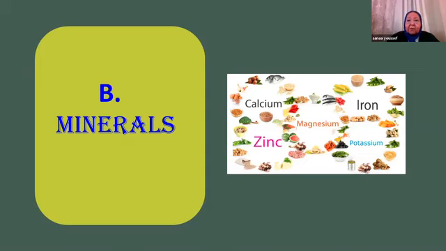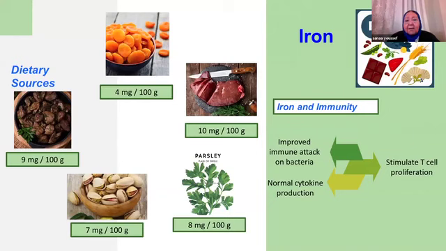Coming to the minerals, we all know about the importance of minerals, specifically the iron, the zinc, the calcium, magnesium, and potassium. Iron plays a very important role in the immunity. It improves the immune attack on the bacteria. It stimulates the T cell proliferation, and it leads to a normal cytokine production.